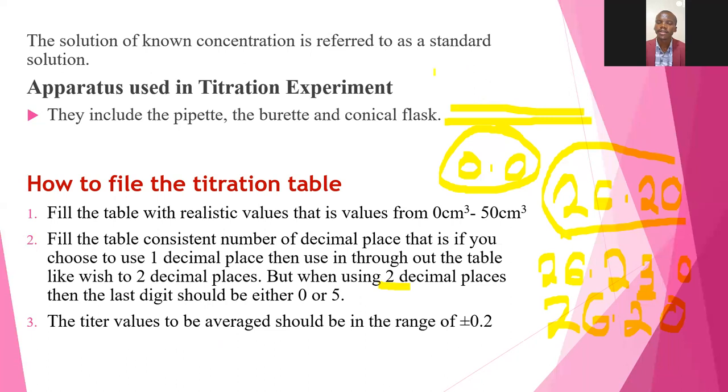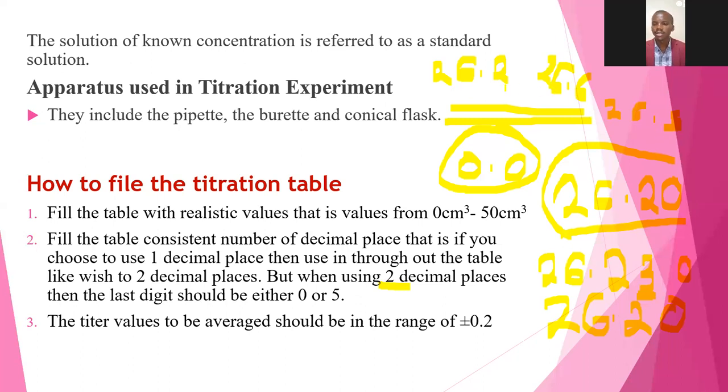For example, if the first one you got was 26.2, the second maybe 26.6, then the next 26.5. So we have 26.2, 26.6, 26.5.